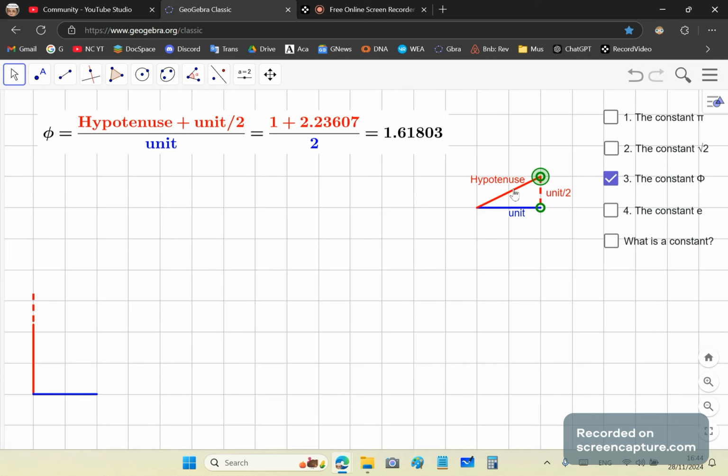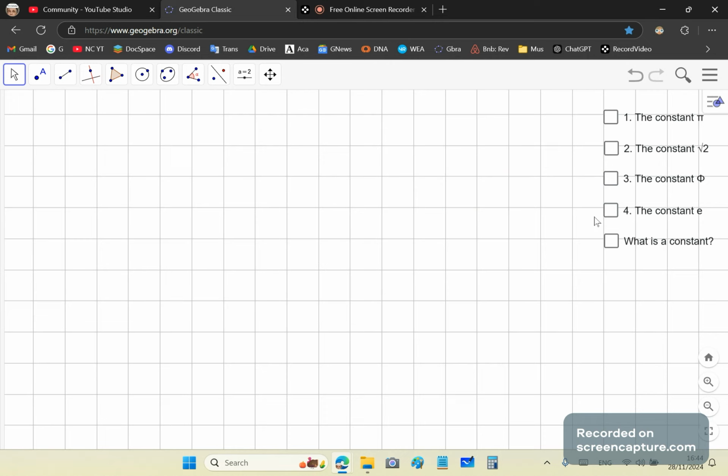Then this hypotenuse here will always be phi, because the blue measures this whole distance here and arrives at the answer 1.61803. So phi is actually equal to the measure of the sum of the hypotenuse and this unit side by the unit, okay? That's what phi is, and it's a constant, and we'll see again why it's a constant.